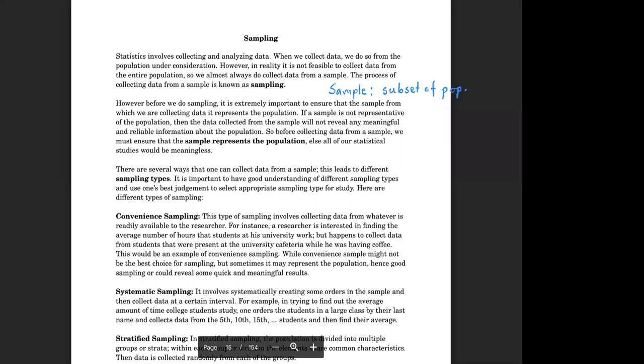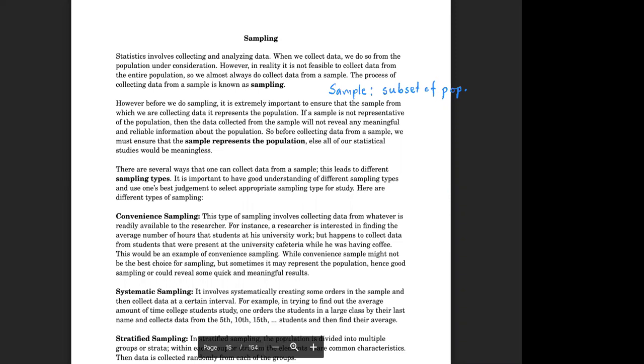In most cases, if the population is large, say the population in the US, you'd probably be collecting sample data not of 270 million people, but rather a much smaller number.